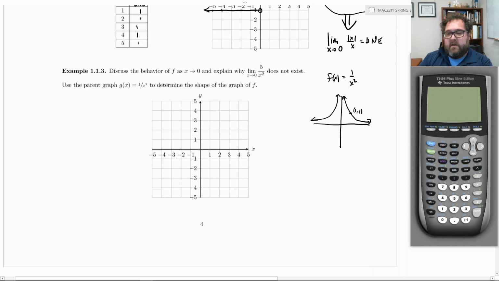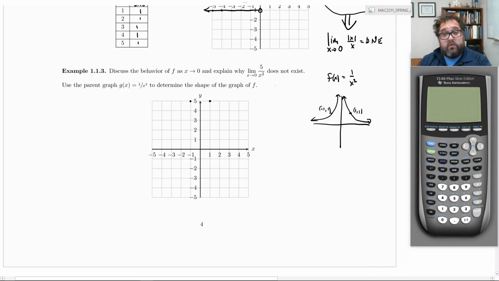And if you plug in negative 1, you get negative 1 comma 1. If you plug in 5 over x squared instead, you get 1 comma 5, and you would get negative 1 comma 5. So you get these two points.